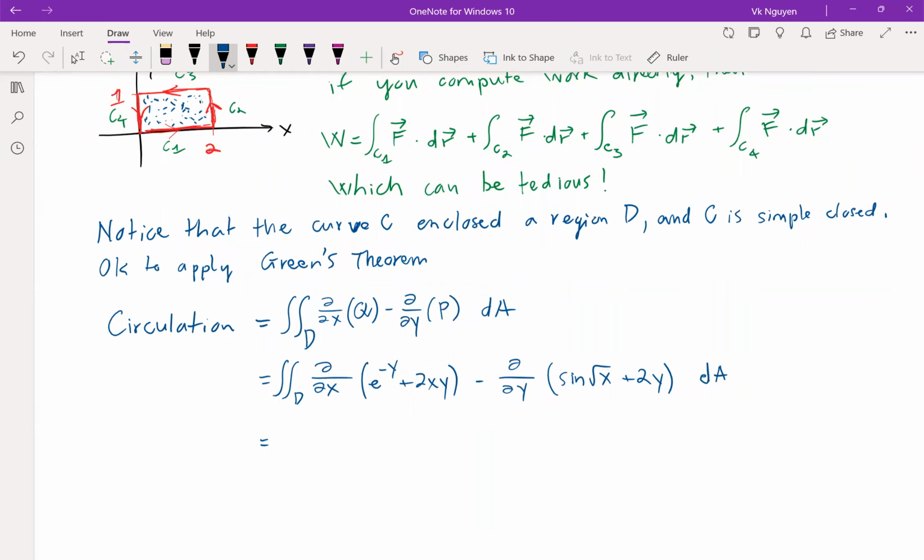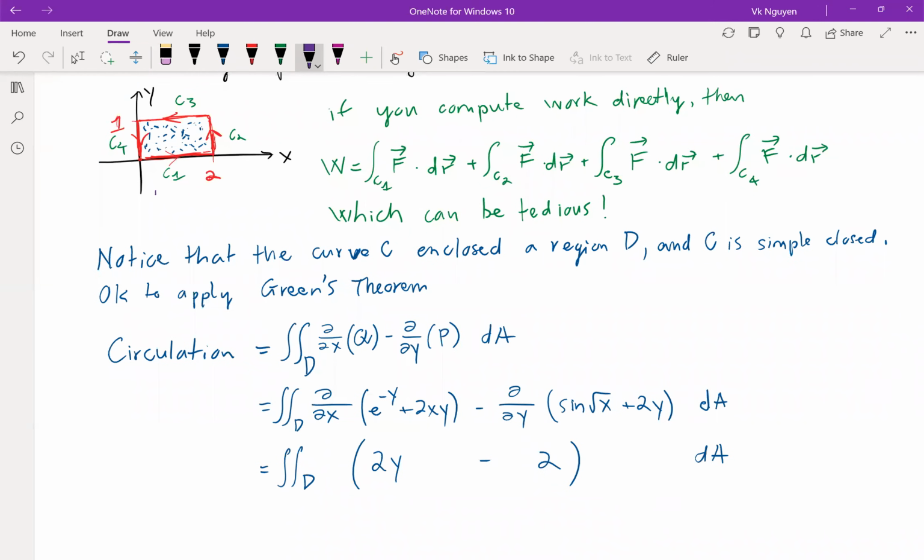Okay, so what do we have here? Amazingly, 2y minus 2. You can set dA to be dx dy or dy dx, up to you. It doesn't matter.